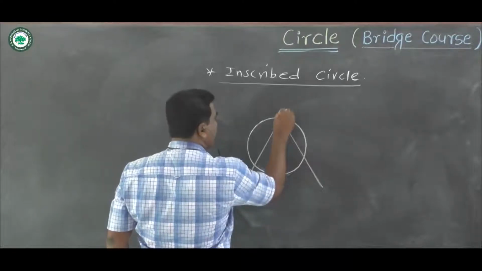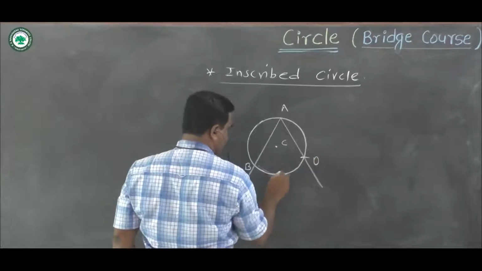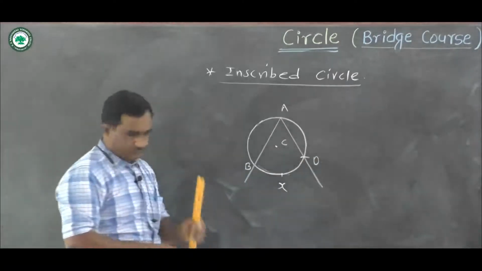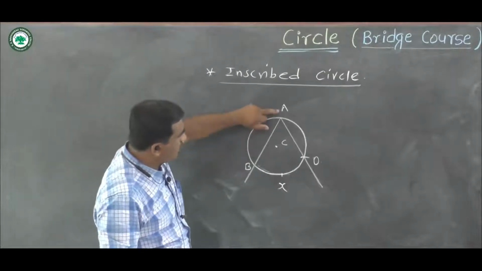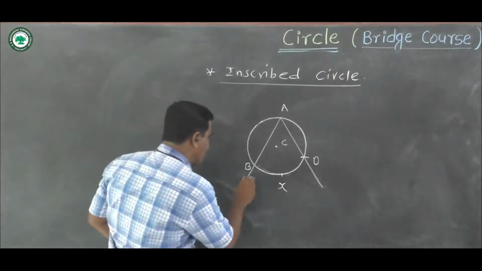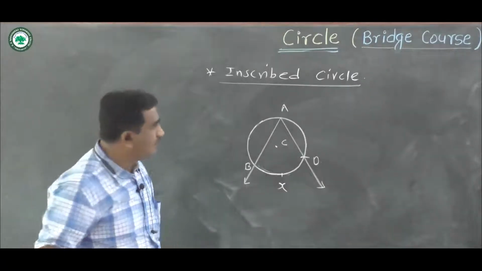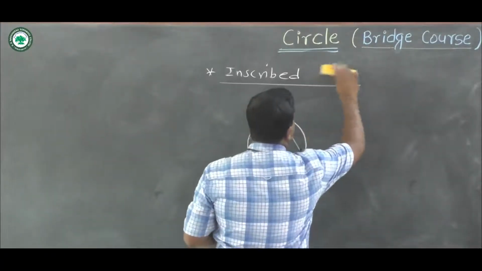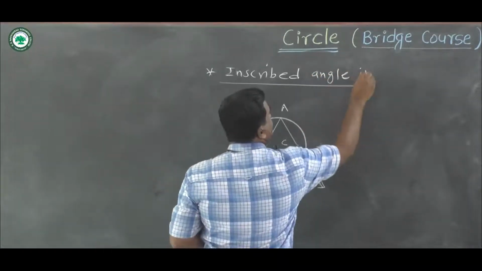This is the center, segment ABD. Now this angle BAD is an inscribed angle in a circle.